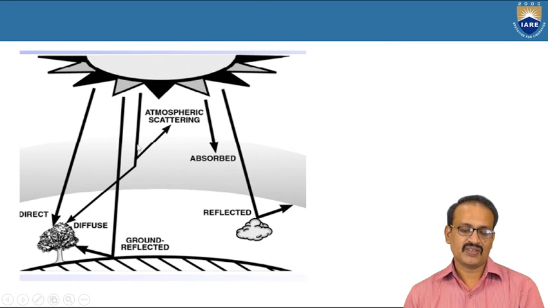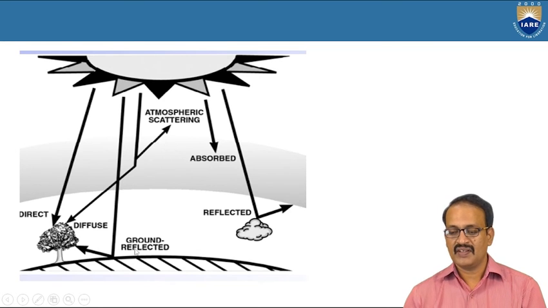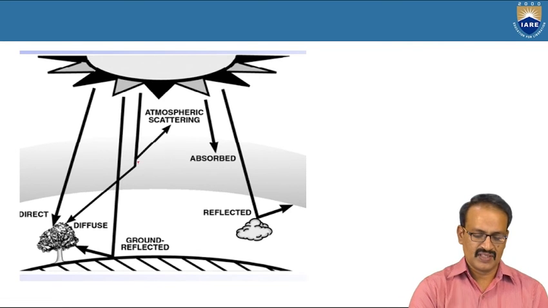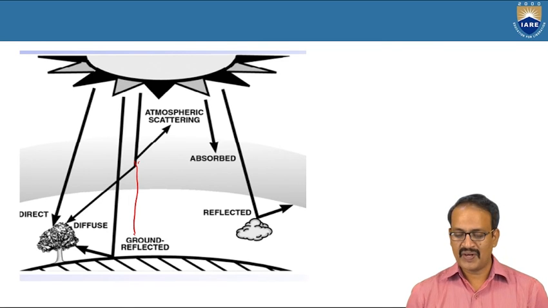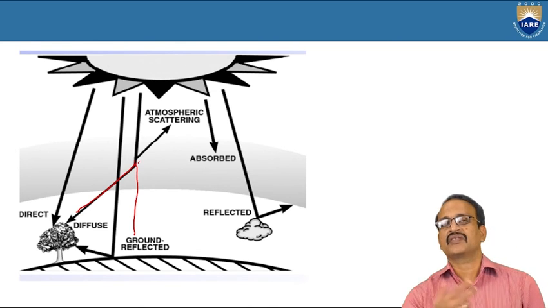Actually, it has to pass like this. Directly, it has to reach the surface. It has to reach the ground. What happened there? It has diffused in this direction. It has changed its direction because of the atmosphere.